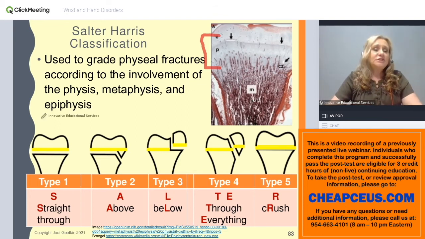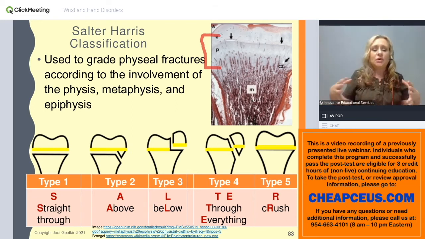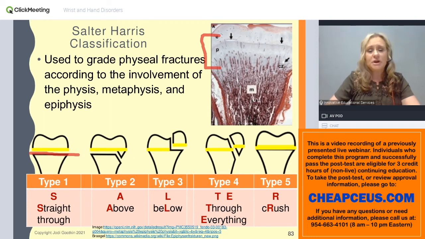Our abbreviation to remember the different classifications, types 1 through 5, are what tends to be utilized a little bit more now, and Salter, the name, helps us remember the location of the fractures. Our S, type 1, is going to be a straight through fracture, complete disruption of that growth plate. Type 2 will be above the growth plate, and it's going to take a little wedge out of the bone, kind of like a crack off of that bone shaft.